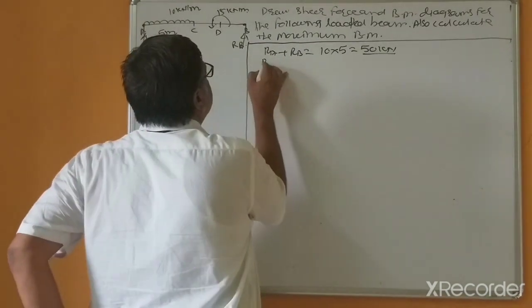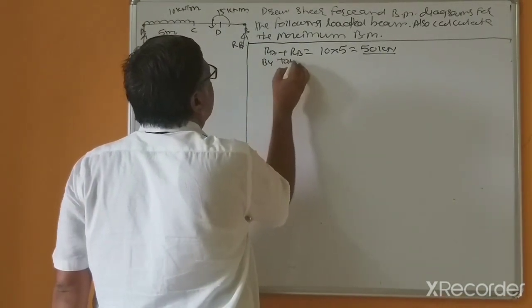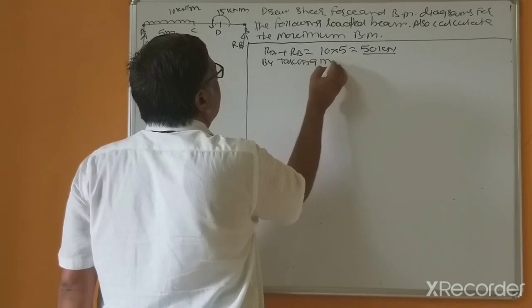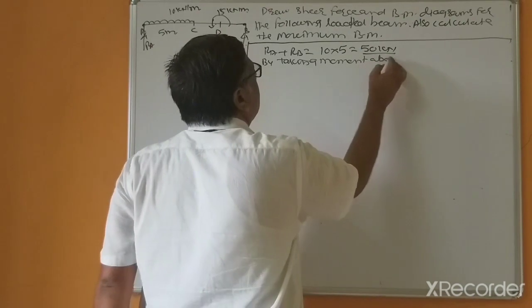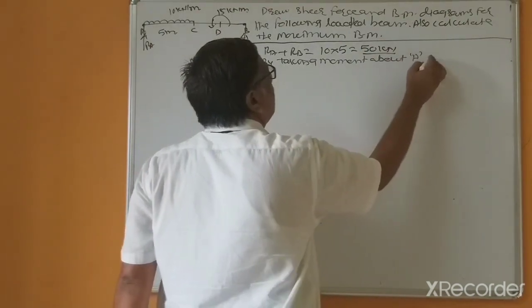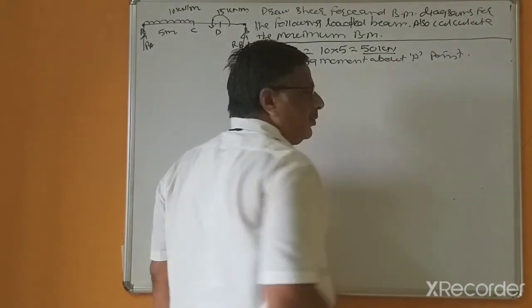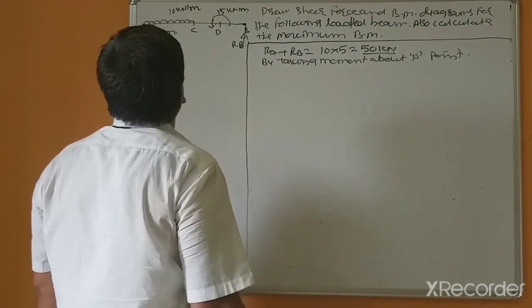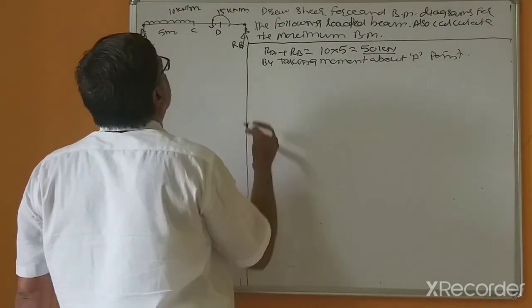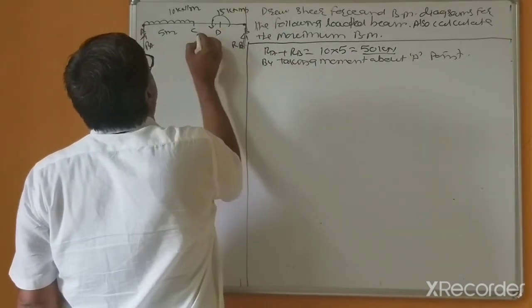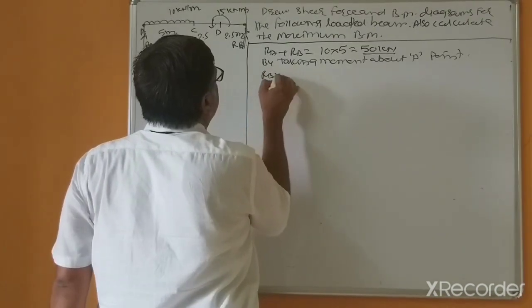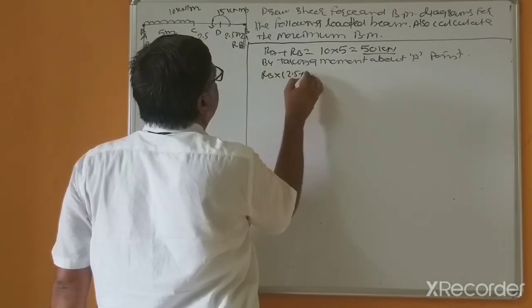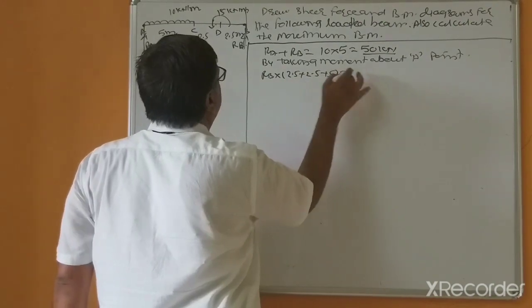By taking moments about A point, RB into 2.5 plus 2.5 plus 5.